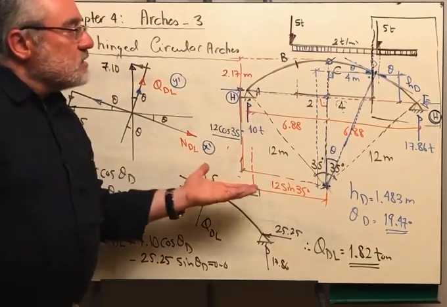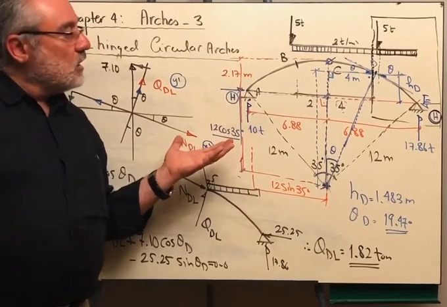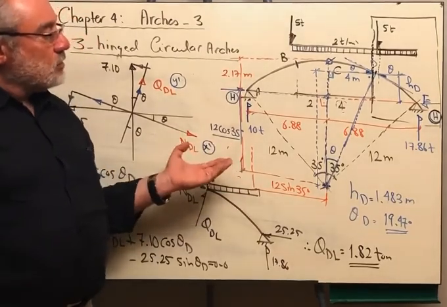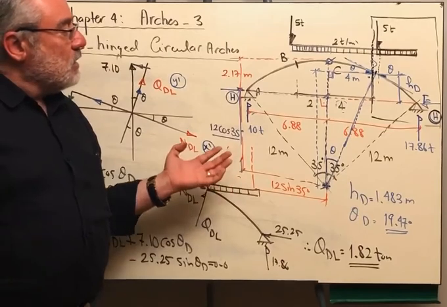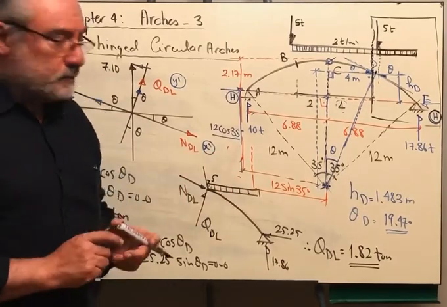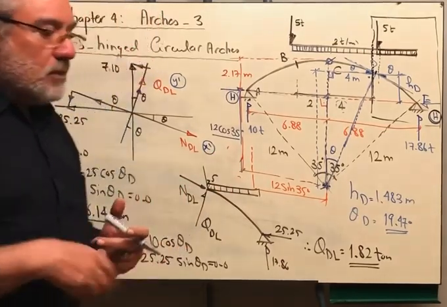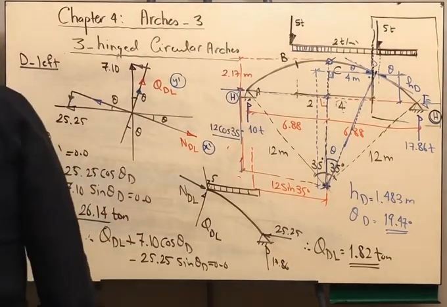Now, this is an example of a typical three-hinged circular arch that you can have. I can also give you another problem as a matter of practice. Maybe that will require more calculations.